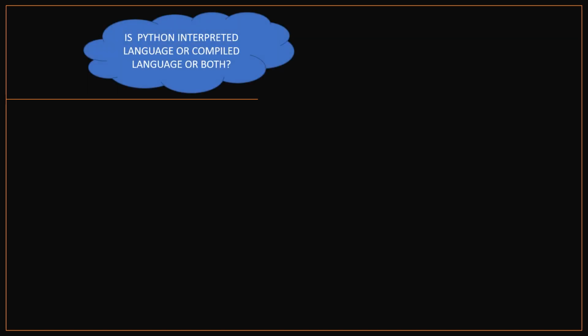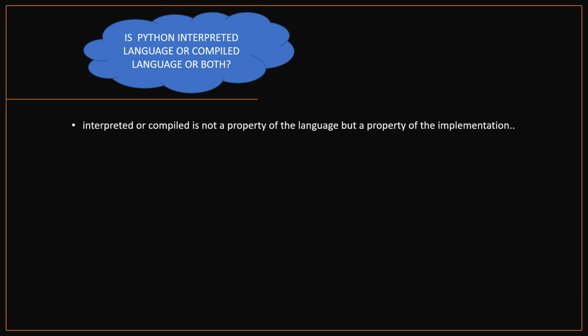Next is the most interesting concept: whether Python is an interpreted language, or whether it is compiled, or is it both. This is the confusion most of us have. So today I'll be clarifying it. If you want to know whether a programming language is interpreted or compiled, you should know this fact: whether it is interpreted or compiled is not a property of the language.